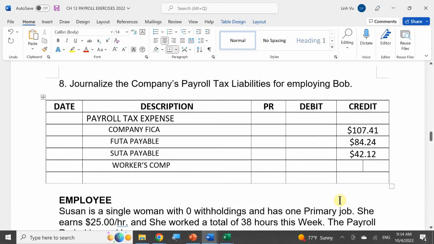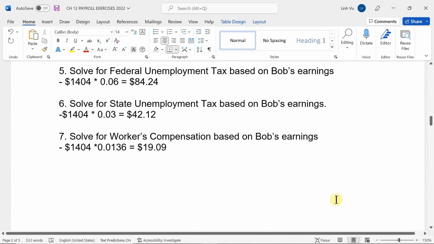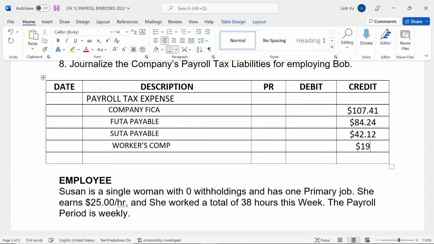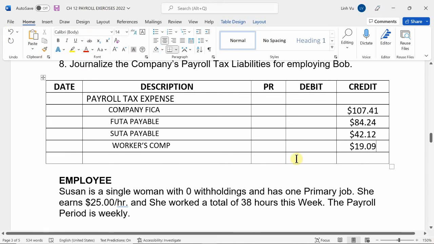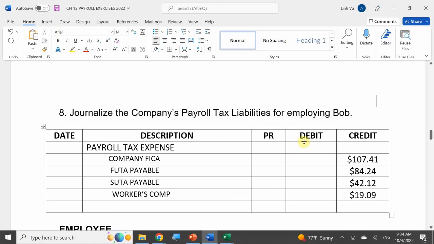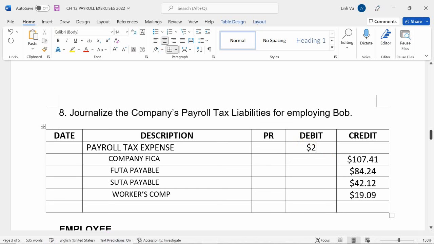How much was workers' comp? 19.09. So in this case, what is the grand total payroll taxes that the company is subjected to pay for having Bob as an employee? 252.86.